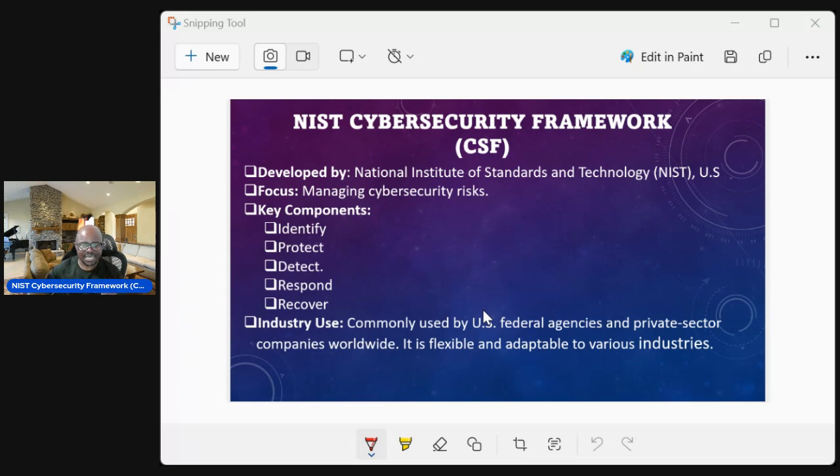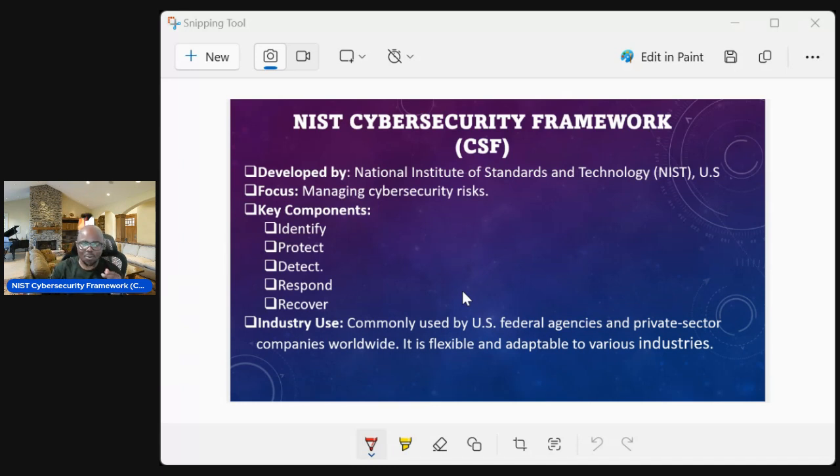What are the key activities under the protect component? Number 1, access control, limiting access to only authorized users. Number 2 activity under the protect component is awareness and training, providing cybersecurity education and training to staff.